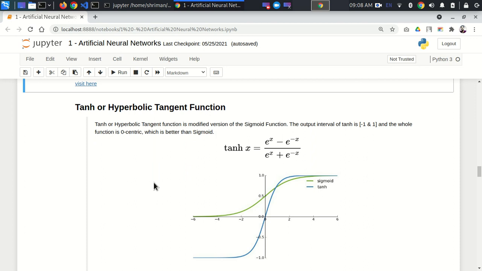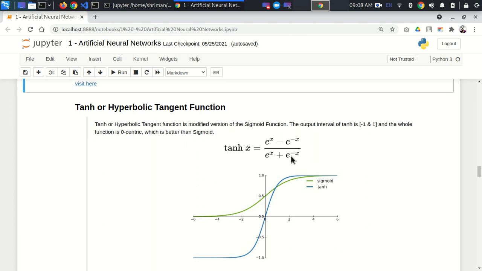This is the sigmoid function. Now they have brought this function down onto the origin level, so the tanh function will be zero-centric. The equation of tanh is (e to the power x minus e to the power minus x) upon (e to the power x plus e to the power minus x). This is the equation of the hyperbolic tangent function.